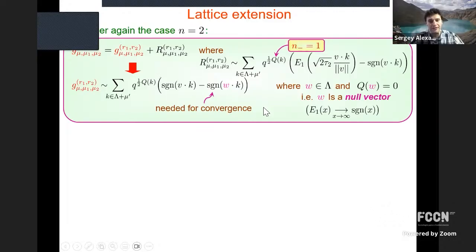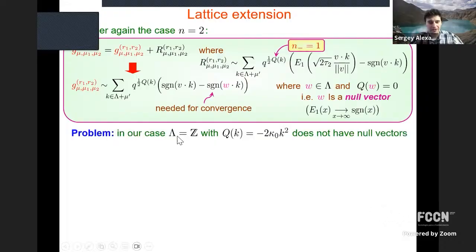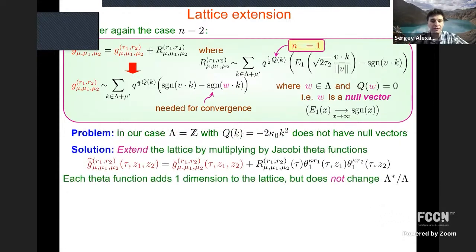But actually, not yet, because we need a null vector. But the lattice which appears in our case is just a one-dimensional lattice, and a one-dimensional lattice does not have any null vectors. Here we can do a nice mathematical trick, which still allows us to produce a solution. What we do, we multiply our original equation by some number of Jacobi theta series, and denote g multiplied by this theta as a new unknown function g check.